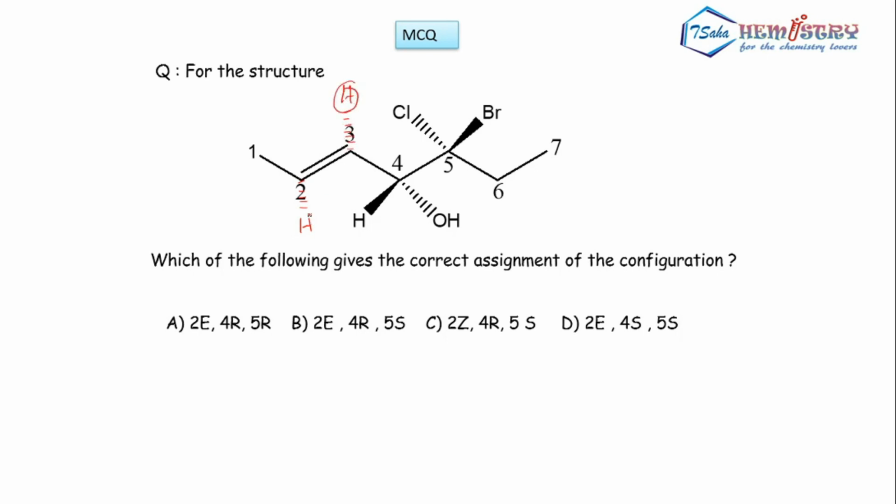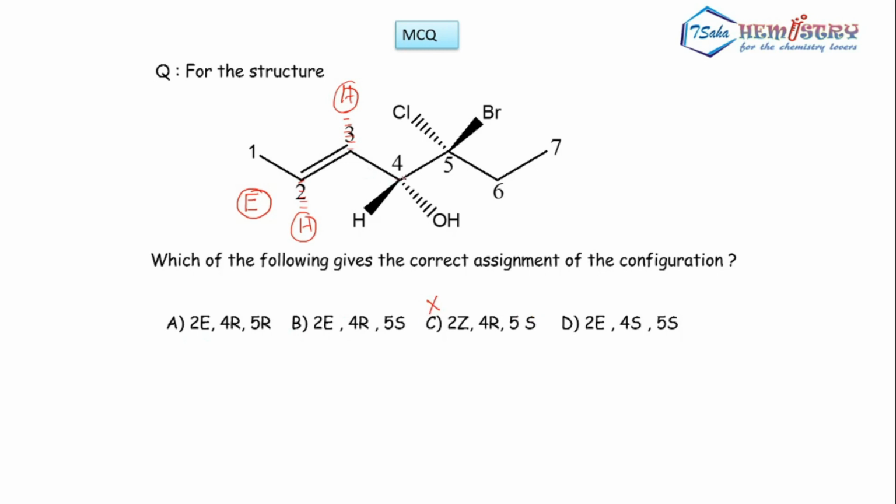If these two hydrogens are present on opposite sides across this double bond, then carbon number 2 has E configuration. So option C is not the right option. It could be option A, B or D.